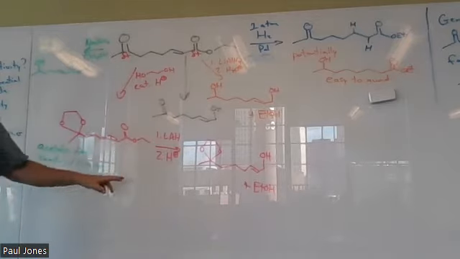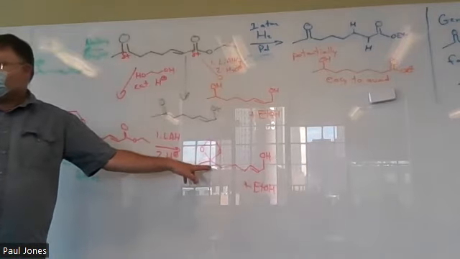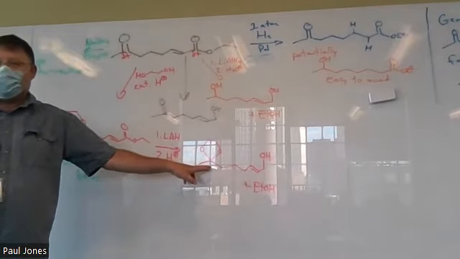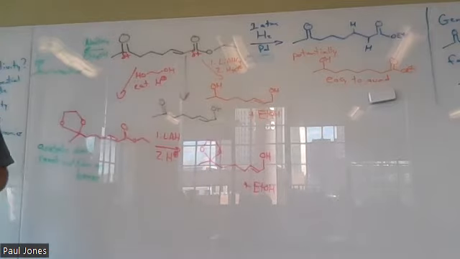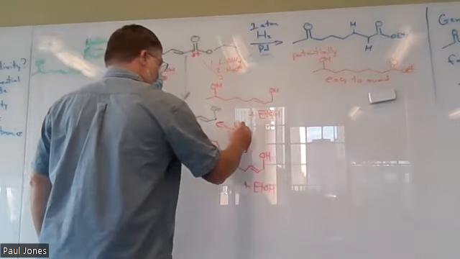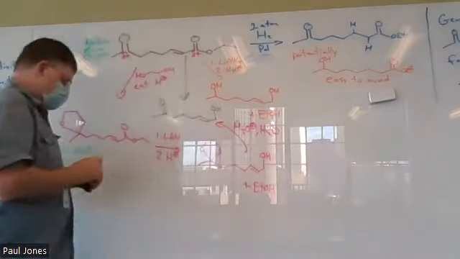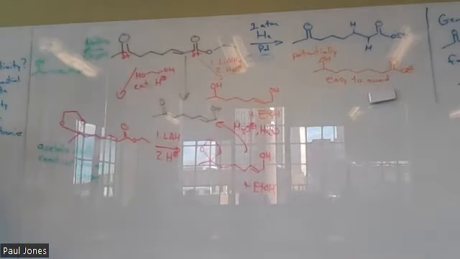All right, cool. So I've reduced the ester. I've still got the ketone carbon in the same oxidation state. It's just an acetal. To get to where we want to go, I simply add aqueous acid.